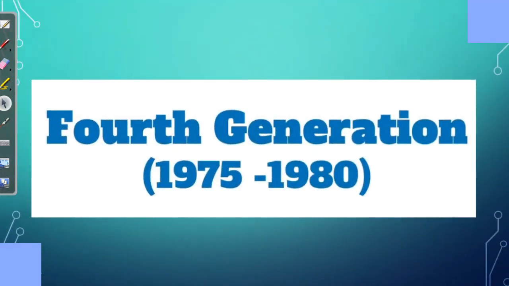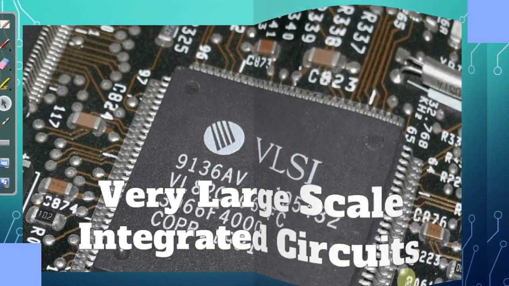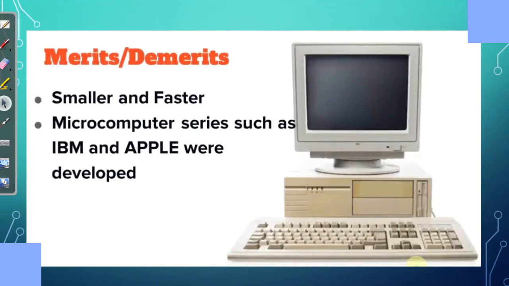In the fourth generation the computing access rate is very fast, and the size of the computer is smaller compared to the first, second and third generations. Microcomputer series such as IBM and Apple were developed in this stage only.